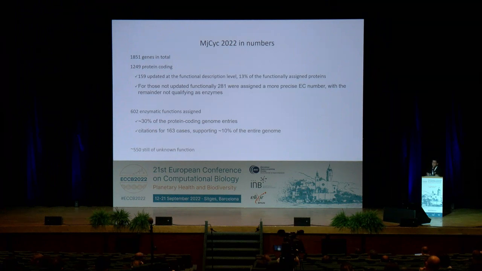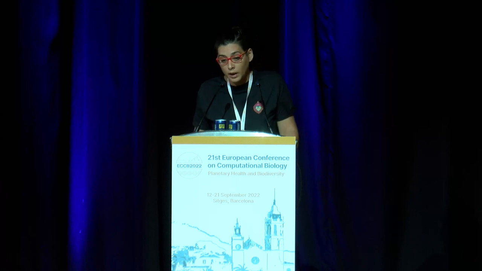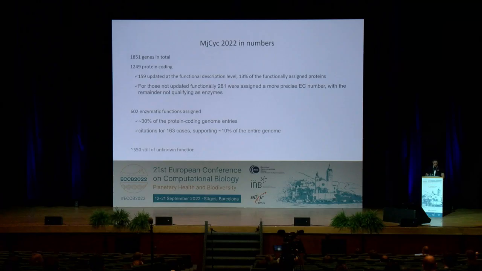And as I said before, we had 602 enzymes predicted. So this is almost 30% of the protein coding genome entries. And we have citations that support this evidence for 163 cases. That's almost 10% of the entire genome. Still, we have 550 cases of unknown function.